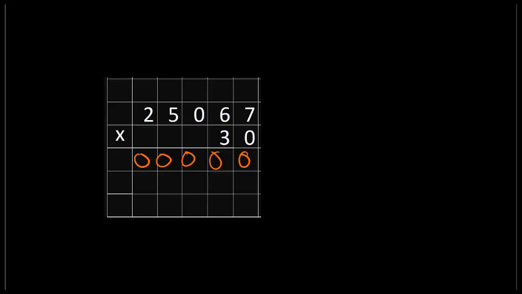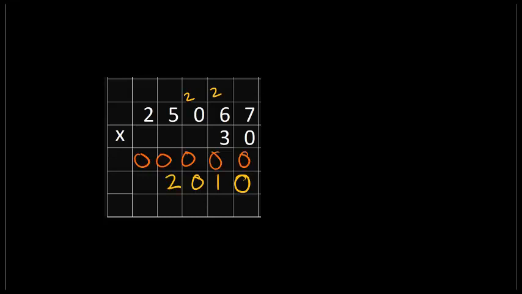Okay, now I'm going to multiply by 3. And because it's 30, I write the 0 first. 3 times 7, 7, 14, 21. 1, carry 2 over. 3 times 6, 6, 12, 18. 18 plus 2 is 20. So 0, carry the 2. 3 times 0 is 0.